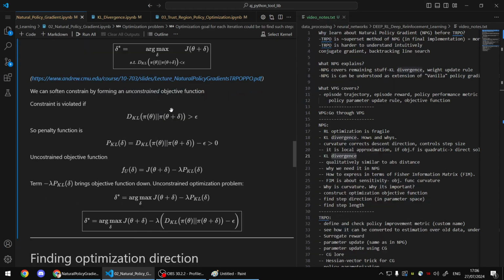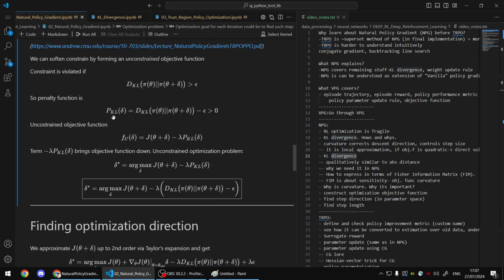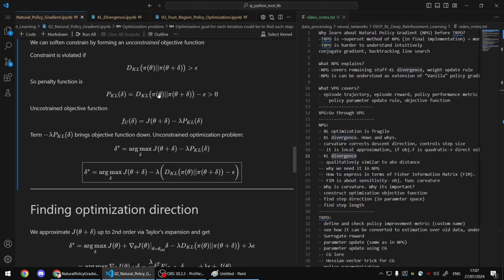And so the idea is, let's make it into an unconstrained algorithm. So we're observing that if our KL divergence is larger than some kind of threshold, then it should be penalized. So we introduce a penalty function, or I just basically subtract from the right part, whatever, and the same logic applies. If this term is larger than 0, then the penalty is enabled.